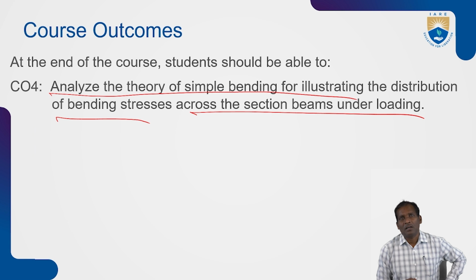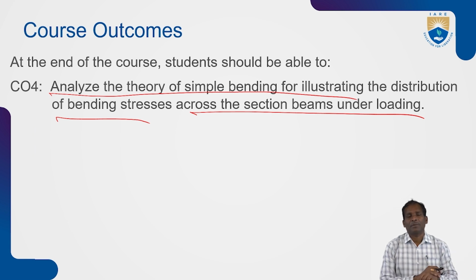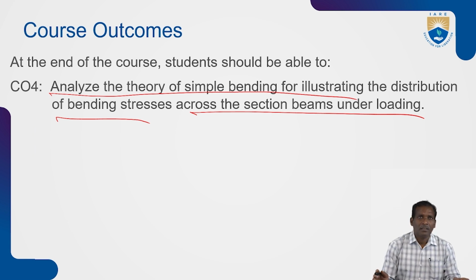At the end of this topic, the student can explain the theory of simple bending. Whenever the beam is subjected to various loads, they can analyze how the beam will respond.